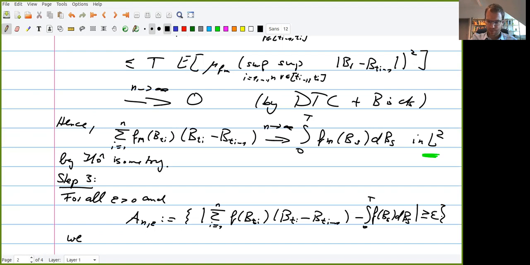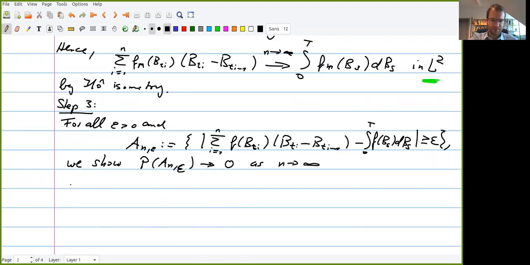So we want to show that the probability of this event A_{n,epsilon} goes to 0 as n goes to infinity. Right. This is the definition of convergence in probability, saying, okay, for every epsilon, this event has probability going to 0.